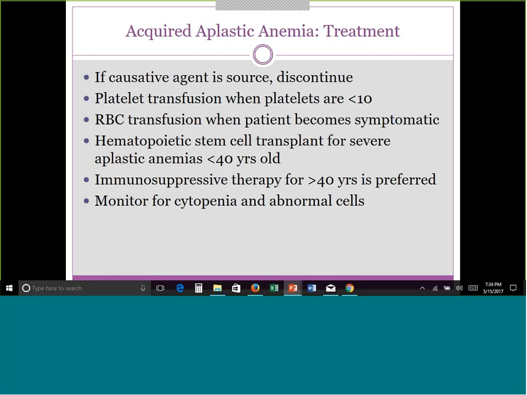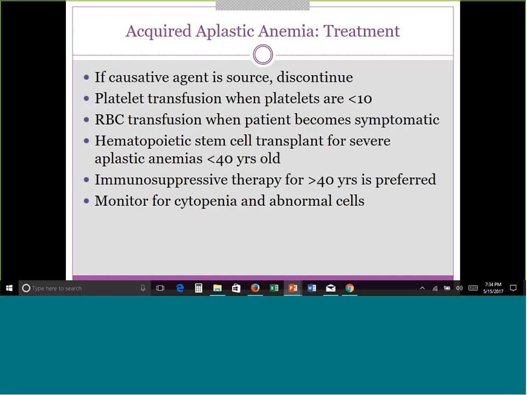Treatment: if you can figure out what's causing their acquired aplastic anemia, discontinue that. If it's an exposure to a chemical or a drug they're taking and their body's reacting weirdly to that drug, stop it, discontinue its usage. So that's if you can figure it out. Otherwise, in the meantime, let's support and give them cells. So we'll give them platelet transfusions. We'll transfuse red cells. We can transfuse granulocytes.